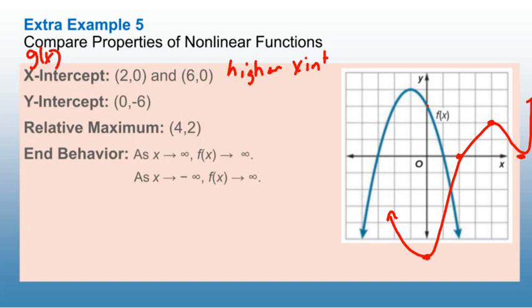So f of x has a higher y-intercept. The relative max is (4, 2). This one is at negative 1. So this one also has a higher relative max.